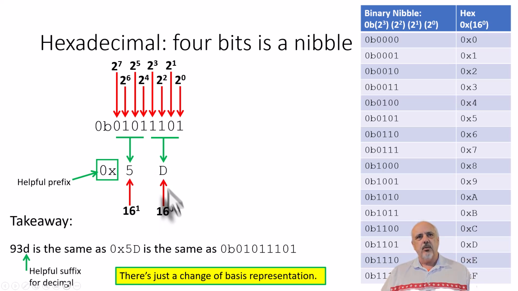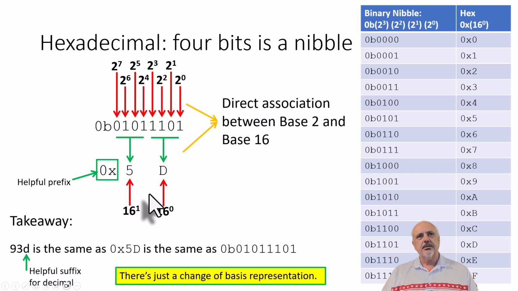We've got the 1's place here for base 16, and here's a 16's place for base 16 or hex. So there's a direct association between base 2 and base 16. It's just a matter of partitioning in groups of 4 bits. And that's all it is. Very straightforward to go back and forth between binary and hexadecimal.